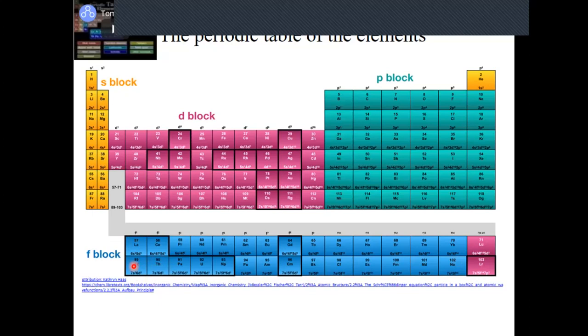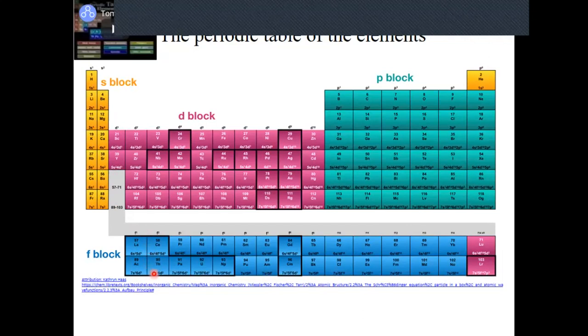I'd like to point out that lanthanum and actinium themselves are not elements that have f electrons. Lanthanum and actinium are actually located in the periodic table below yttrium. The f block elements are only those that follow lanthanum and actinium respectively.